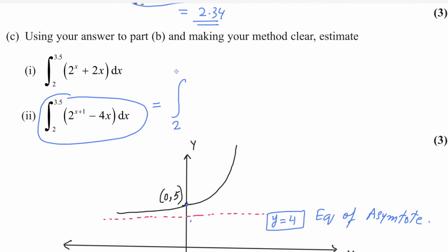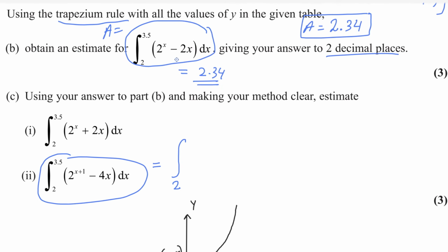Actually we want to make the similar function again, with limit 2 to 3.5. You can write 2 to the power x plus 1 as 2 to the power x into 2, because bases are the same, you can add the powers. We split 2 to the power x plus 1 into 2 to the power x times 2 to the power 1, minus 4x.